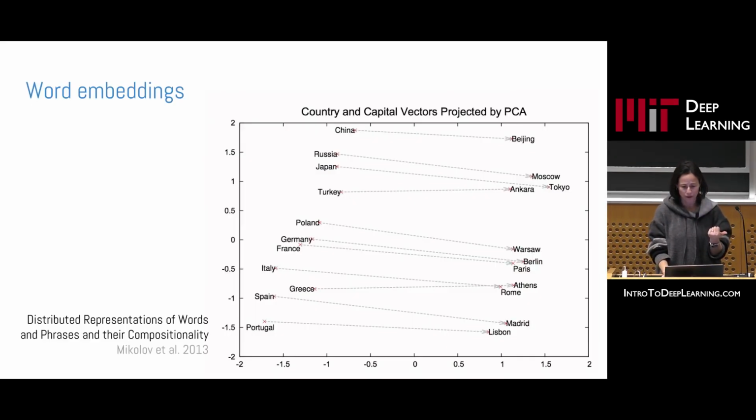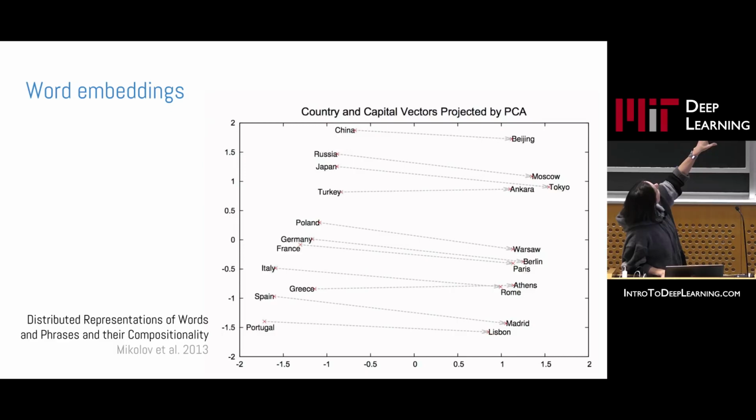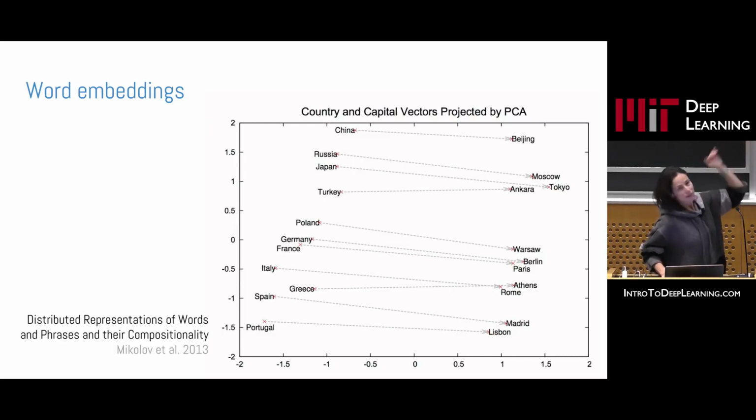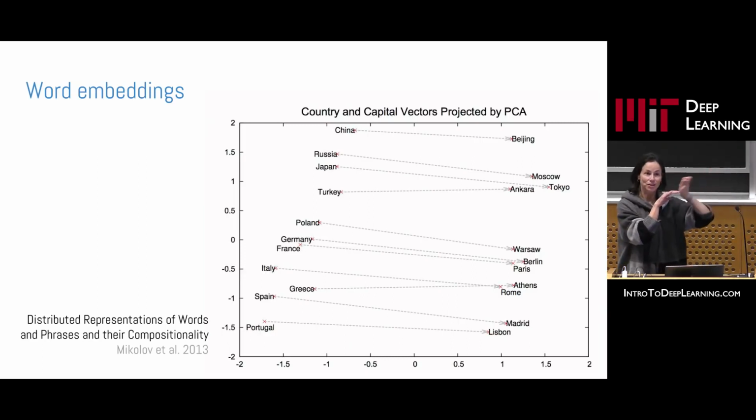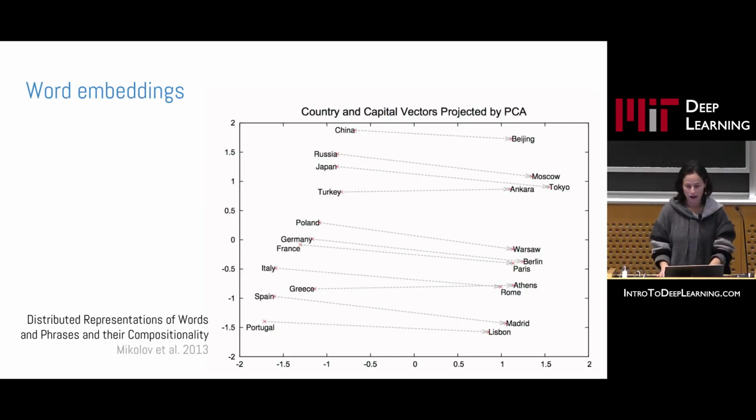You may be familiar with papers like this one about word embeddings and the fact that you can do calculations in the direction of certain vectors. So you can say, oh, look, in word embedding space, if I take the direction between China and Beijing, and I follow roughly that direction from Russia, I'm going to end up in Moscow.